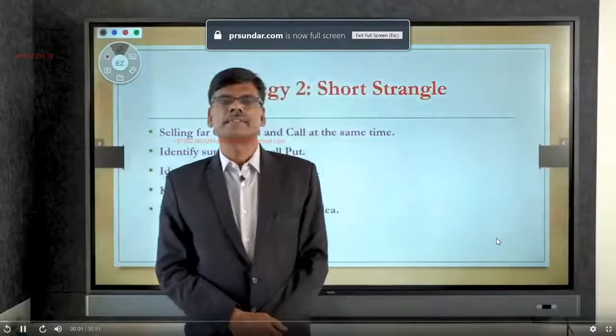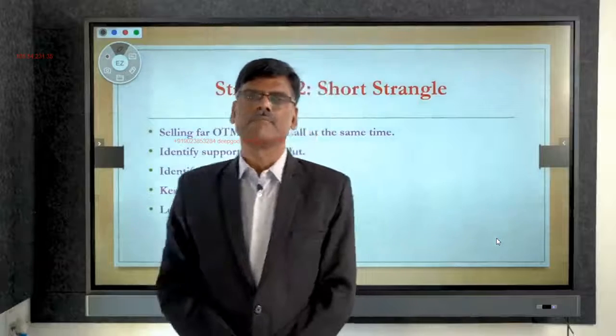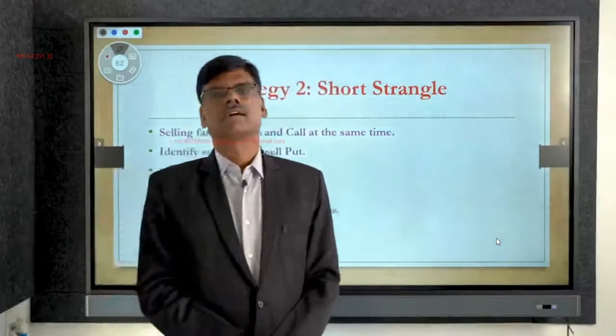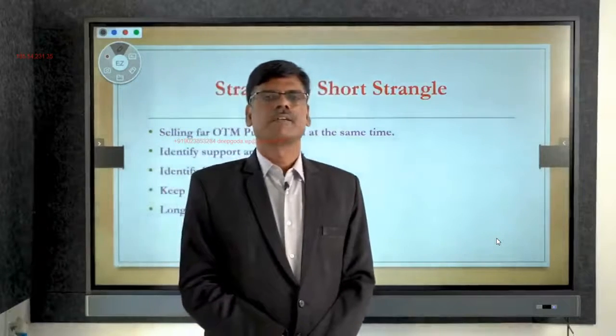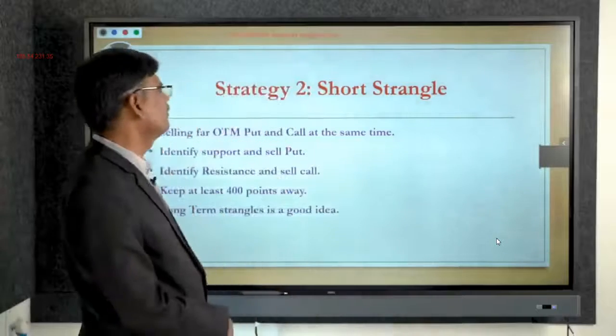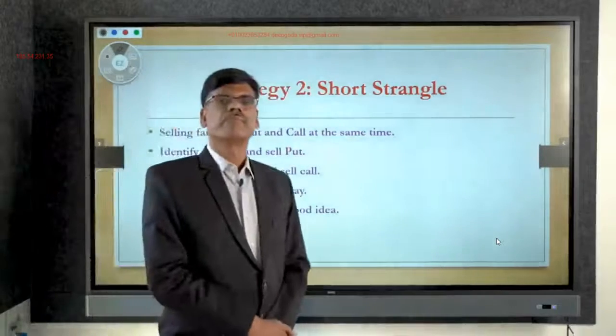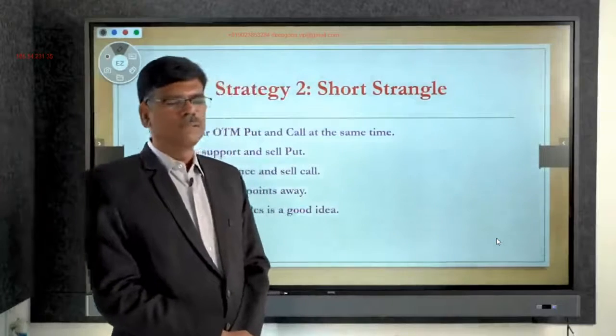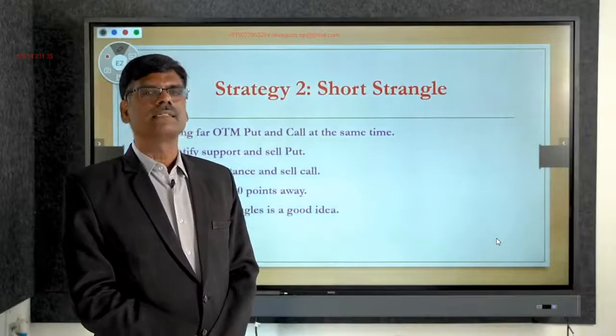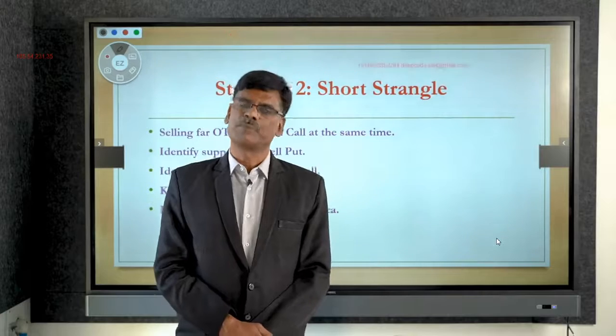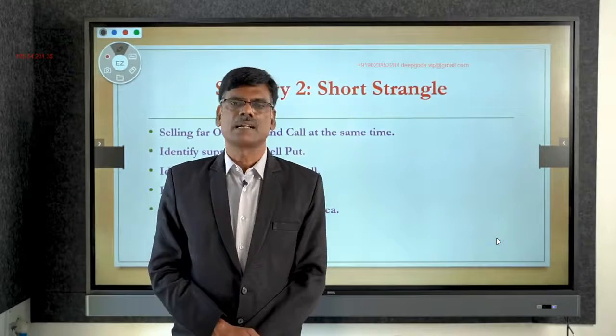We have already discussed short straddle and iron fly. So now we are coming to another strategy called short strangle. I can tell you there are only 3 strategies which are very, very popular. One is short straddle.